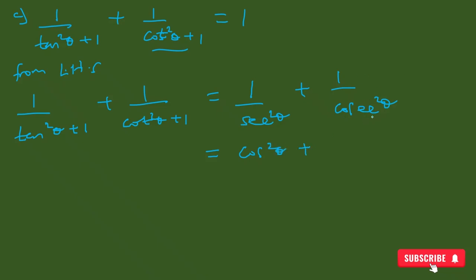Cosec is a reciprocal of sine, and sine is a reciprocal of cosec. So it's the same as sine squared theta. And we have an identity that clearly states that cos squared theta plus sine squared theta is equal to 1. And it is proved. We are successful because the right-hand side was 1 and we've gotten 1. We've proved that.